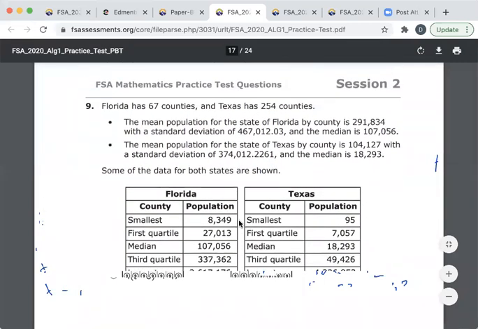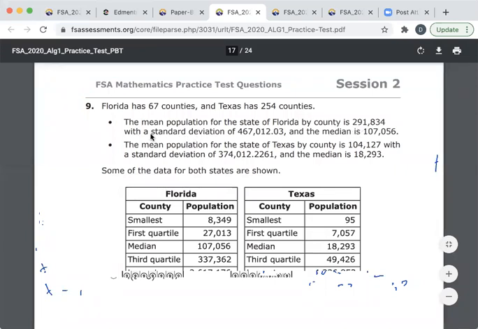Okay, so for number 9, we have a comparison of Florida and Texas. And it says the mean population for Florida. First of all, let's go over some vocabulary. Mean is the average, right? So you add up all the people and divide by county, and you get 291,000.